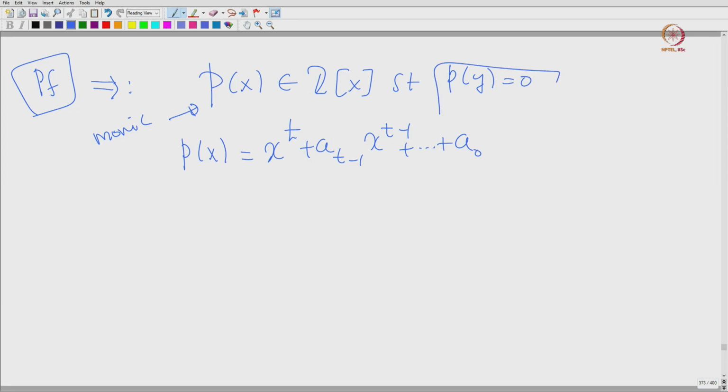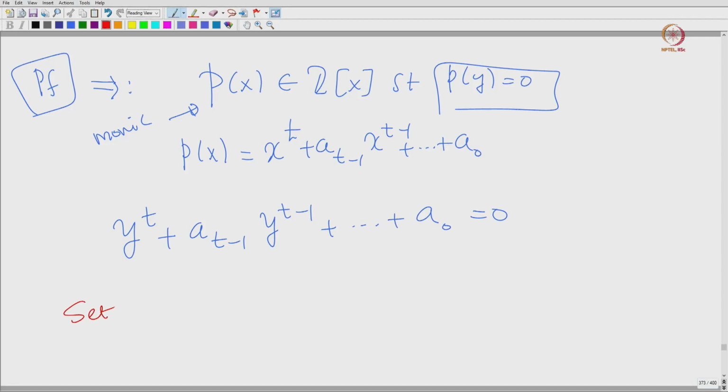Now, given that p of y is 0, you have the equation y^t plus a_{t-1} y^{t-1} plus etcetera plus a_0 equal to 0. So, now what can we do? We can simply set this y_i to be y^{i-1} for all i between 1 to t.